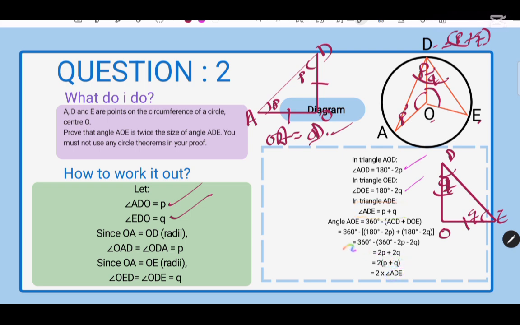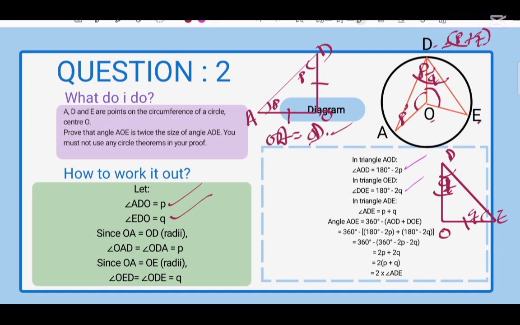That means angle AOE is twice angle ADE. Can you see that now? Twice the angle of ADE. We have been able to establish that angle AOE is twice the angle of ADE. And that sorts out our problem here. That's also very clear to everybody.